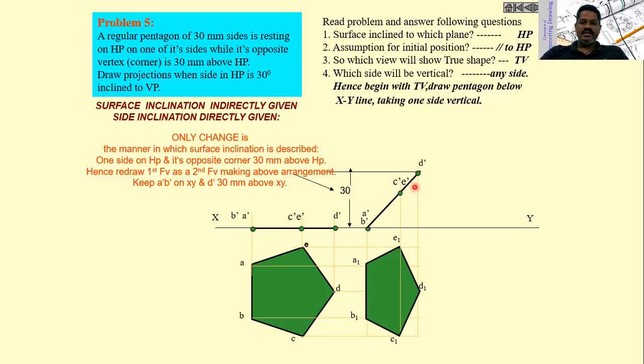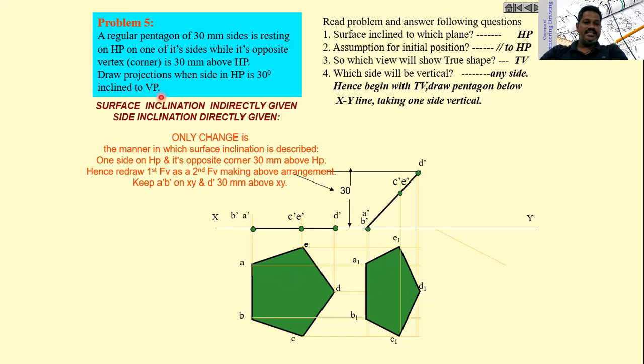So I have located the top point of this pentagon at a distance of 30 mm from the horizontal plane. At a height of 30 mm, take the compass, locate C dash, E dash, then B dash, A dash, like this. Then project all these points down, then project the points from the true shape to get the top view when the pentagon is at a height of 30 mm from the horizontal plane.